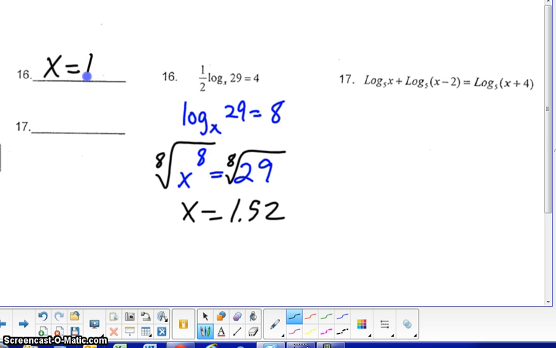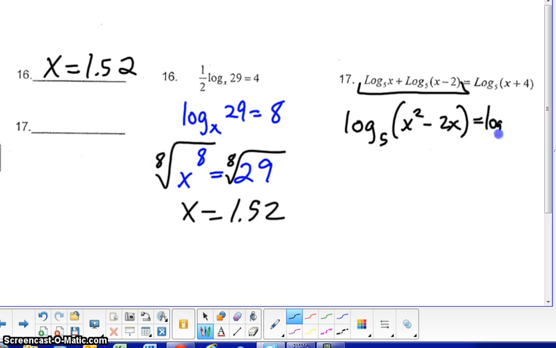Alright, so the next one, we have a lot of logarithms going on. So you can simplify by making it a single logarithm, and addition means multiplication, so I'm going to multiply those two together. And we have the exact same base on both sides, so if we can multiply both sides by log, we definitely can divide both sides by log. So we're left with x squared minus 2x equals x plus 4.